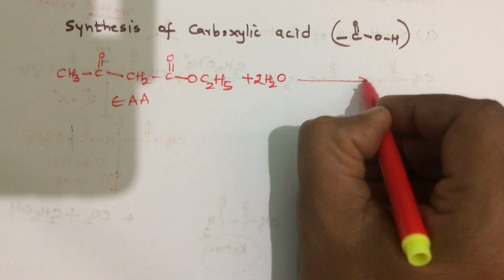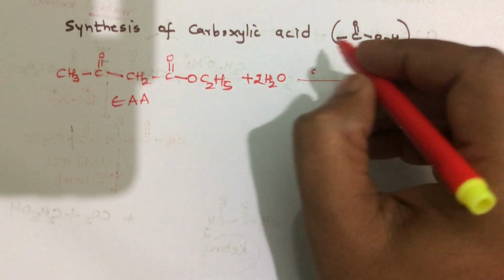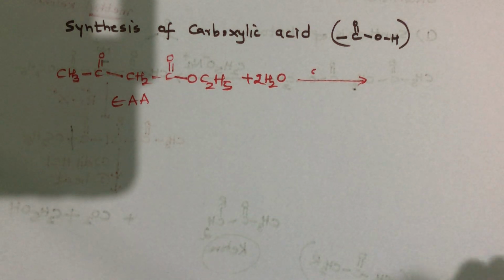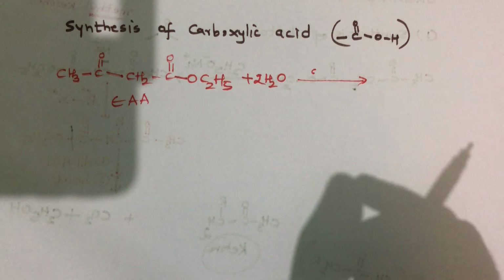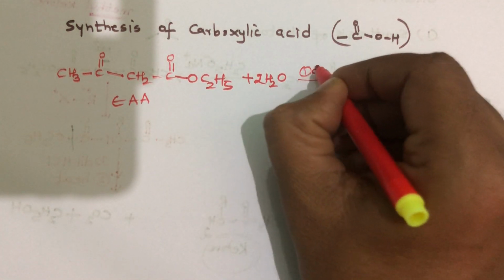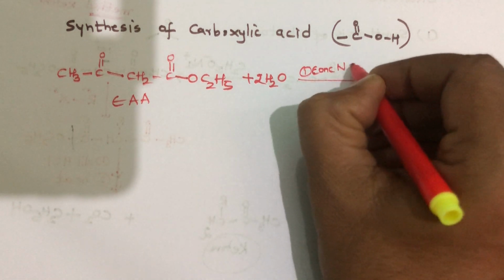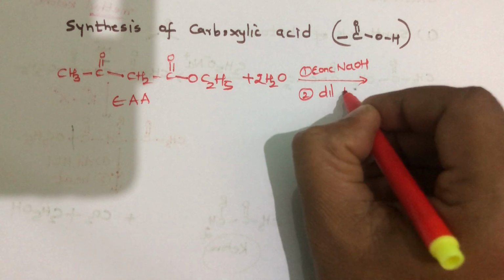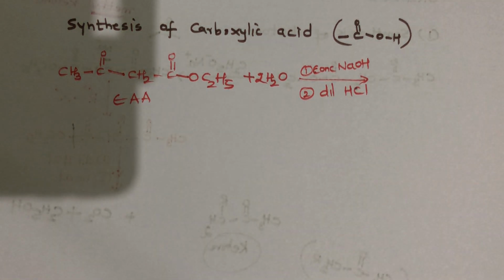Hydrolysis in presence of concentrated NaOH, and then dilute HCl or H2SO4. So first it is treated with concentrated NaOH and then with dilute HCl.